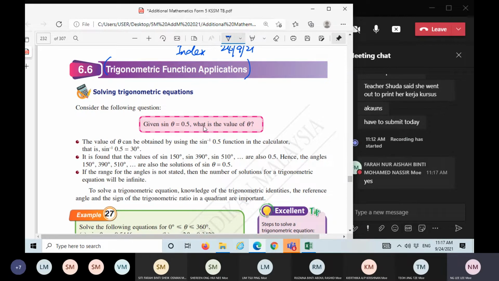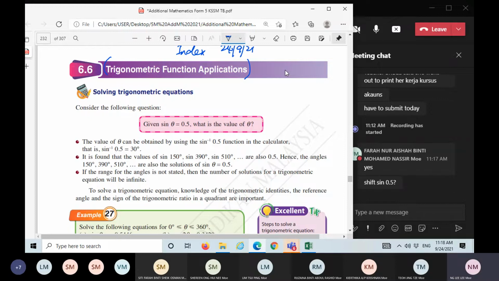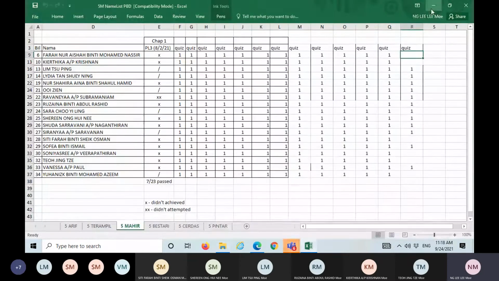Can you answer my question? If given sine theta is equal to 0.5, how to find the theta? Correct. Very good. Shift sine 0.5. Let me call out my calculator.